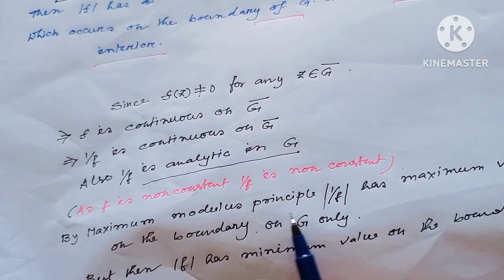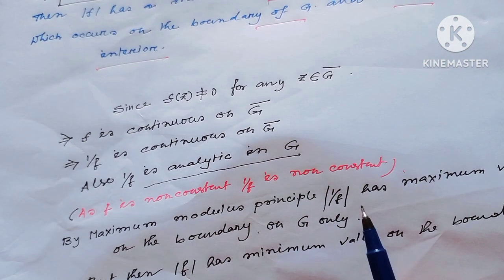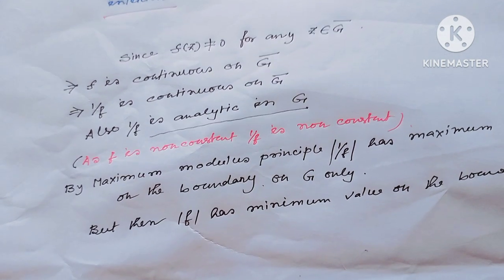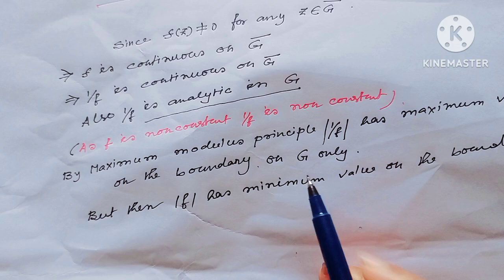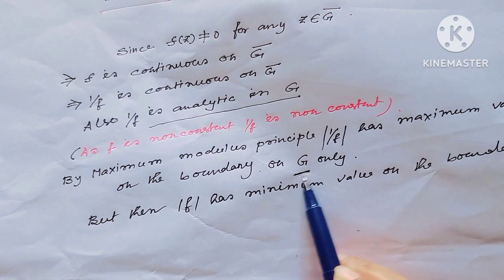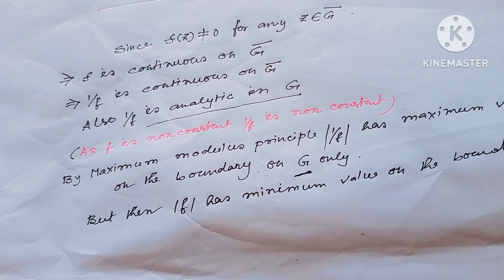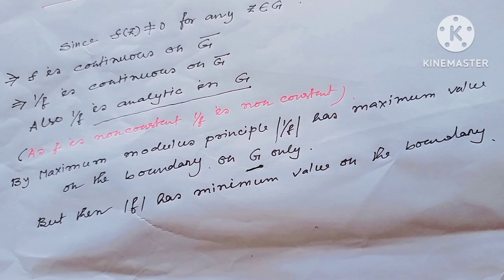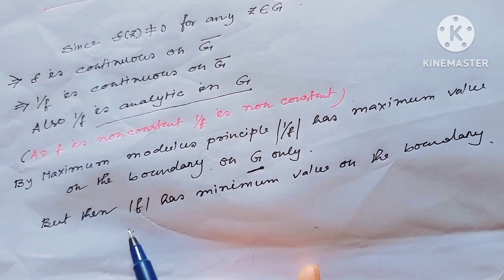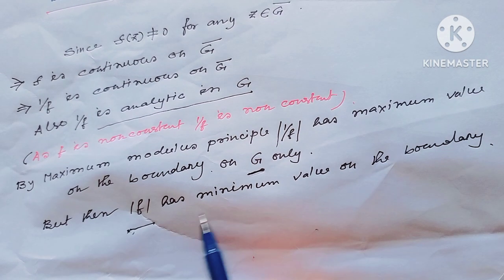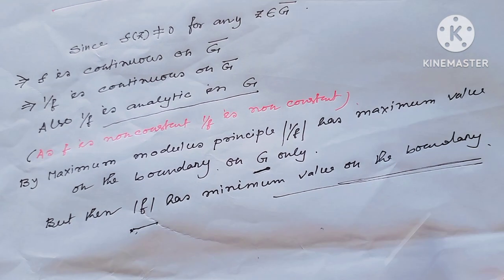Therefore, by the maximum modulus theorem, we can tell 1 over f has its maximum value on the boundary of G only. Since 1 over f has its maximum value on the boundary of G, that implies the modulus of f has its minimum value on the boundary.